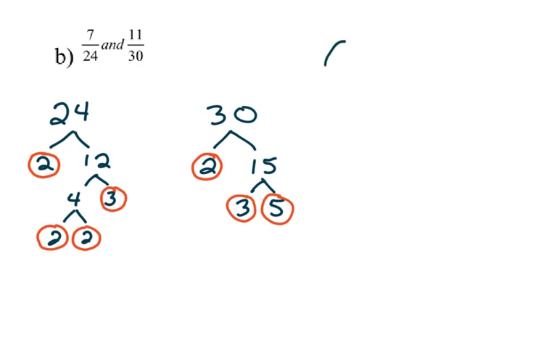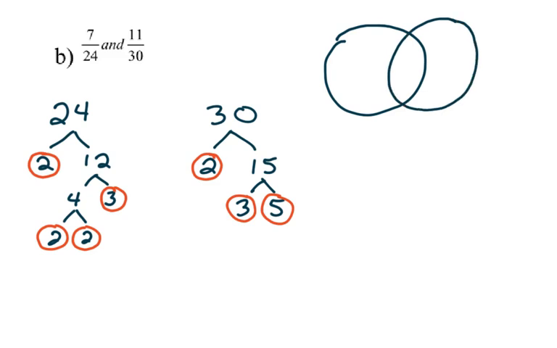We then want to go to our Venn diagram, which has overlap. Which numbers are overlapped? We have a 2 here and a 2 here, so I will write a 2 here in the overlap. We have a 3 here and a 3 here, so that 3 will be written in our overlap.